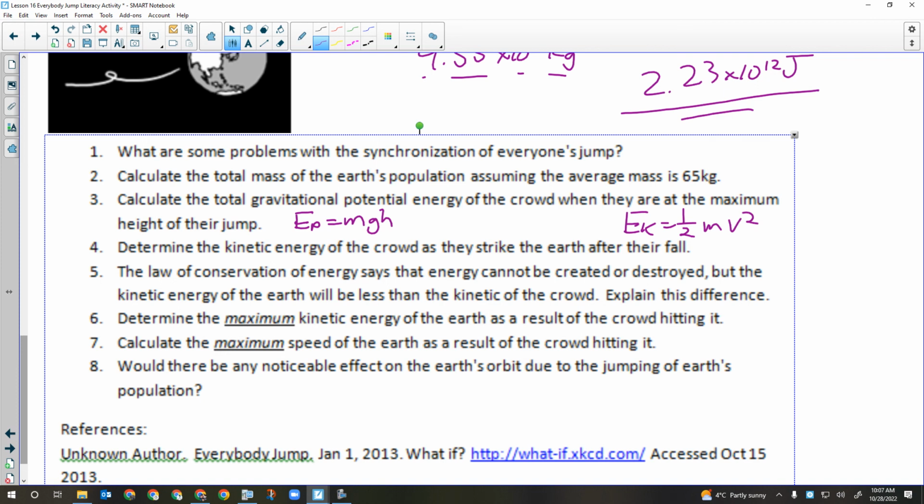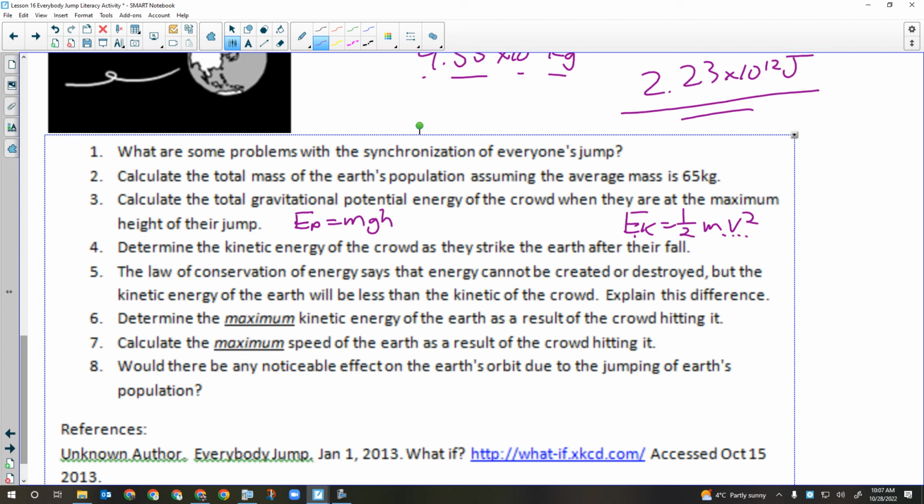Everyone okay with that? Because that's the amount of energy the crowd had, so it has to be transferred to the earth when they land. So we want to calculate the maximum speed of the earth as a result of the crowd hitting it. I want to solve for v. I know this number because it's right there, and I know the mass of the earth because I wrote it up there before, 5.98 times 10 to the 24.